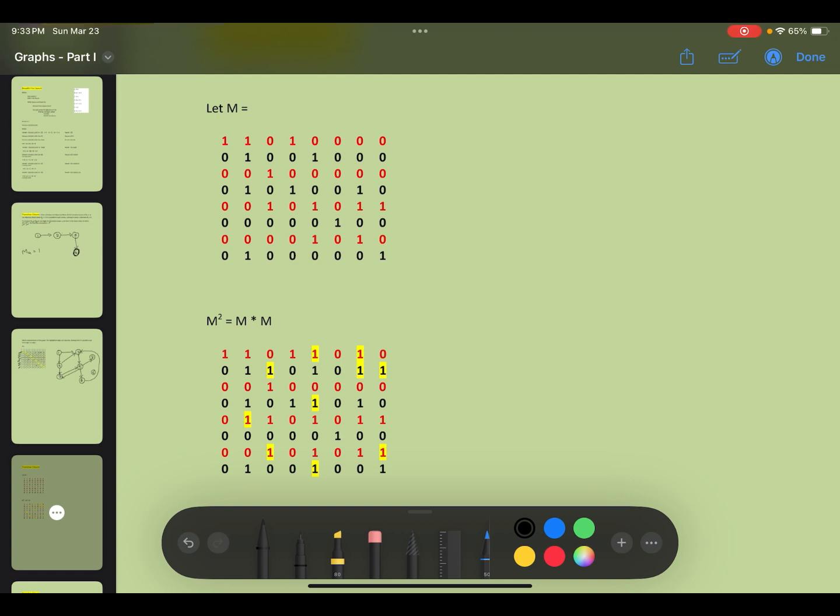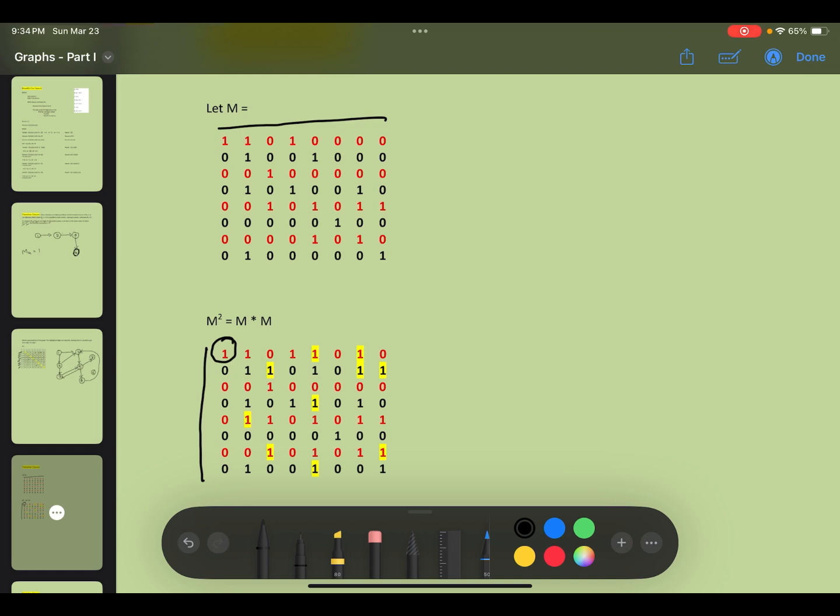I hope you're all aware of the concept of matrix multiplication and how it's done. I'll just explain how the first few values are formed so that you get an idea. In matrix multiplication, we sum the values by multiplying the first row and the first column to obtain the value at this position.